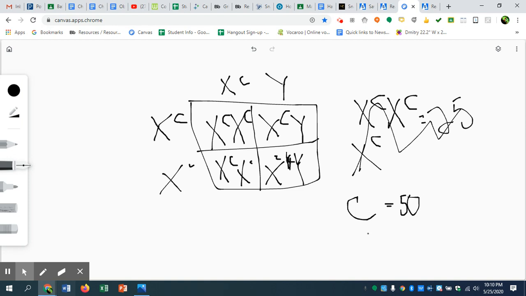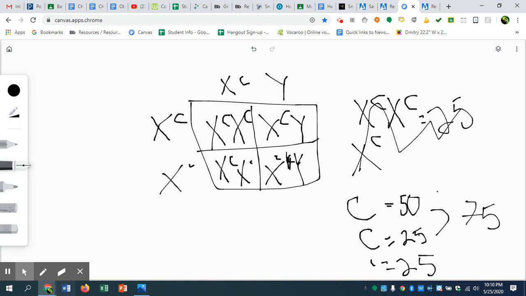Boys with the capital C, right? That's 25%. So together that makes 75. And that just leaves, with that little c gene, 25%. So 75 plus 25, that's 100.